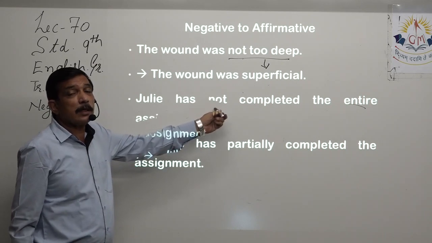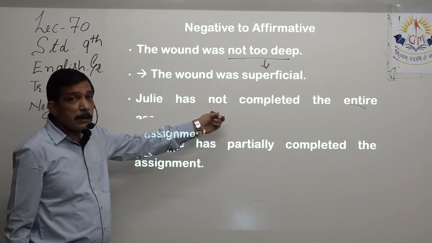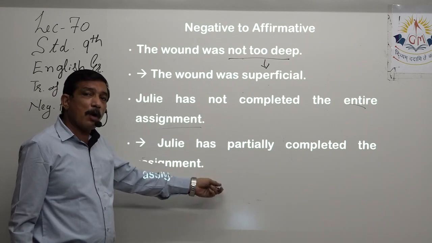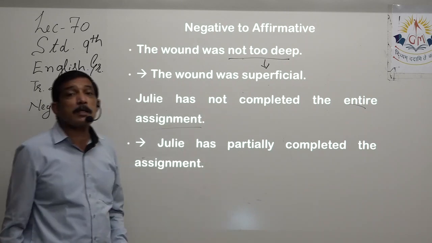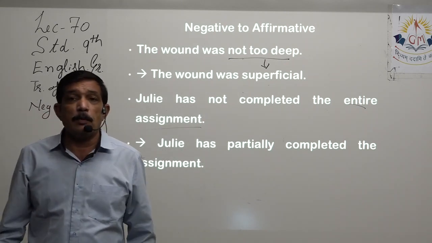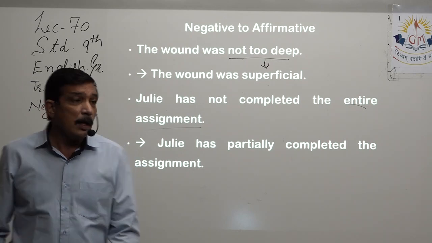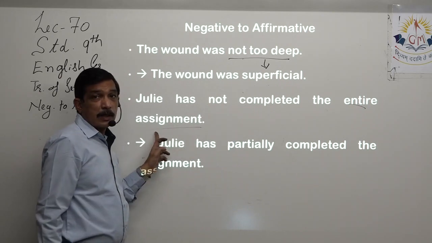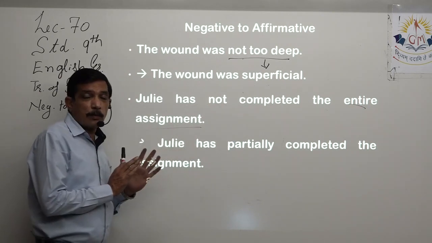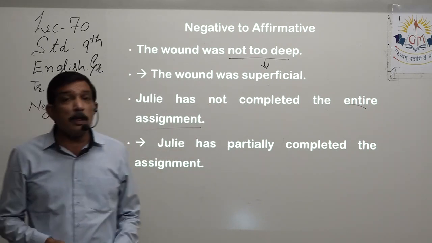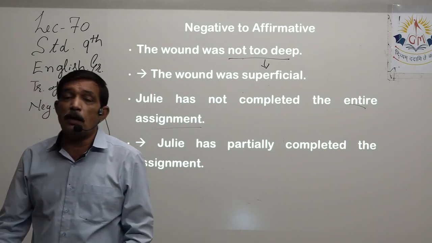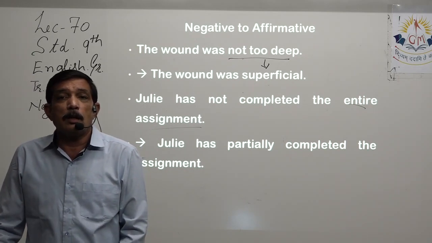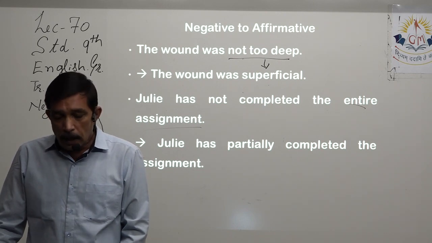When we are removing negation, let's be more positive, right? Julie has partially completed the assignment. She has completed, but partially. Not the entire assignment is complete. Partially complete, part of it is complete. So this is yet another way in which we can make the affirmative from negative.